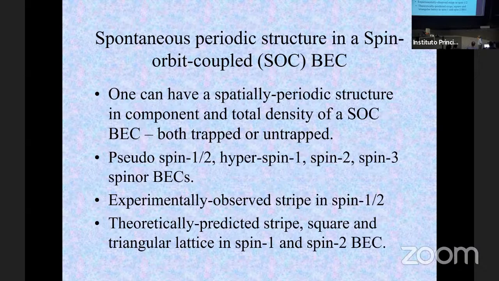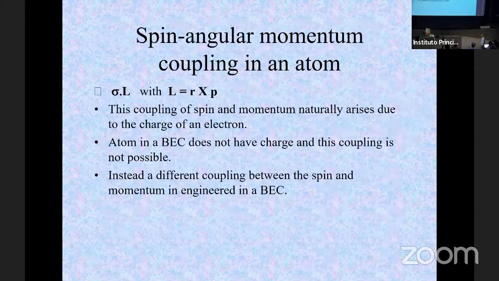Experimentally, this stripe has been observed in pseudo spin-half spin-orbit coupled BEC. Theoretically, stripe structure, square lattice structure, and triangular lattice structure have been predicted in spin 1 and spin 2 BEC. There are some papers by other groups in spin 3 BEC where they found some other exotic structure.